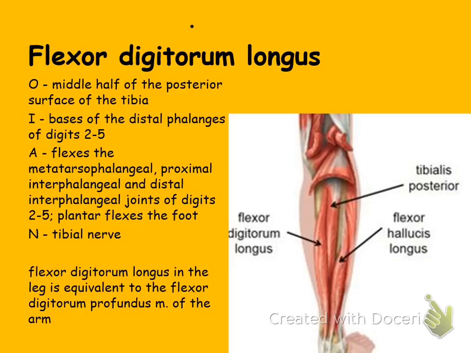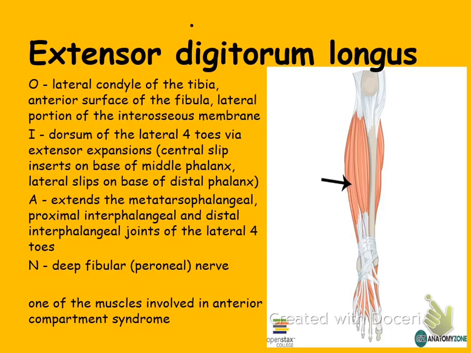Originates in the medial half of the posterior surface of the tibia, and it inserts then on the distal phalanges. Flexes the toes. Then we have extensor digitorum, which extends the toes. The lateral condyle of the tibia, and inserts on the dorsum of the lateral 4 toes. It helps to pull the toes upward and back.